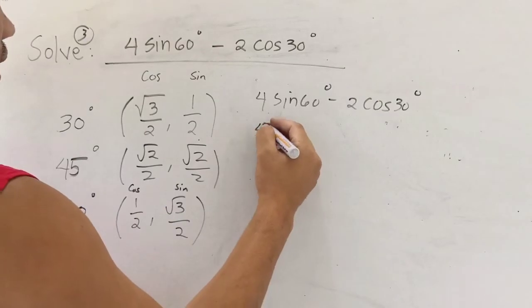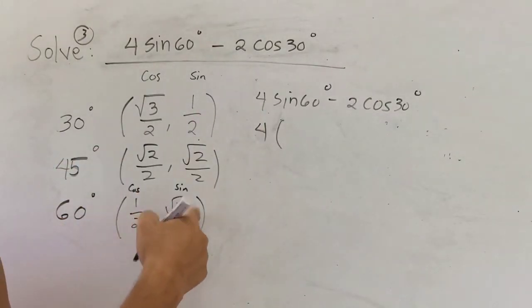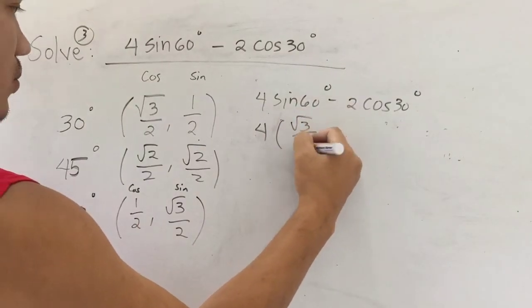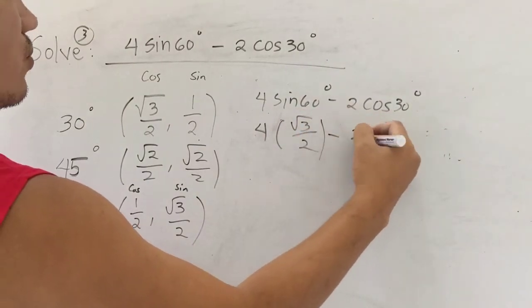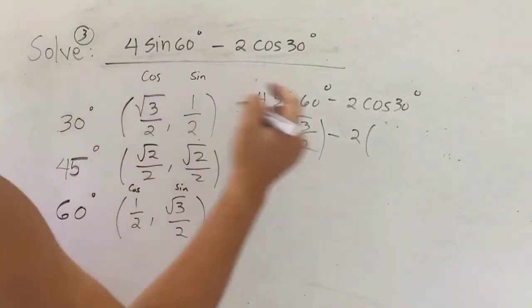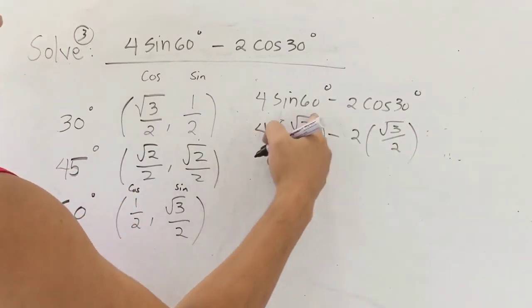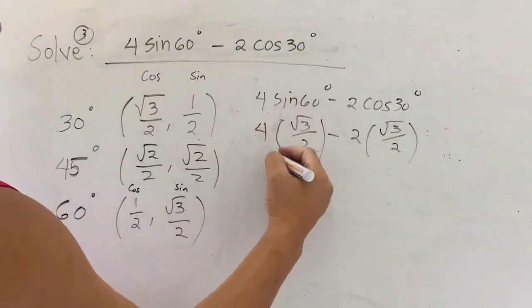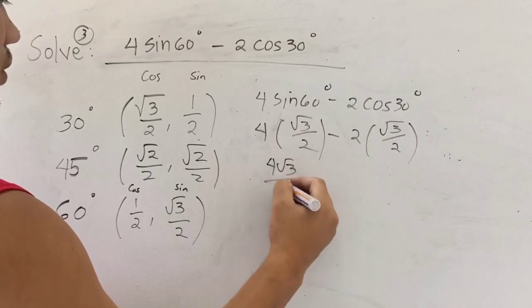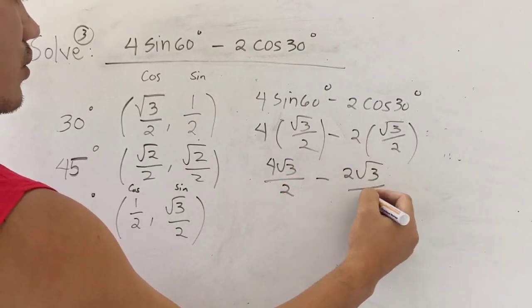Substitute lang natin. Sa 60 degrees, sine, ito yung ating second element, square root of 3 over 2, minus 2 cosine 30. Nasa 30, which is cosine, first element, square root of 3 over 2. 4 times square root of 3 is 4 square root of 3 over 2, minus 2 square root of 3 over 2.